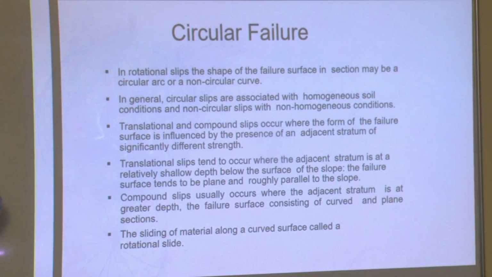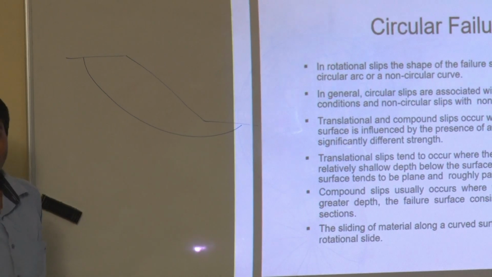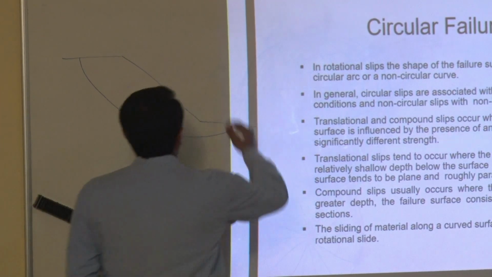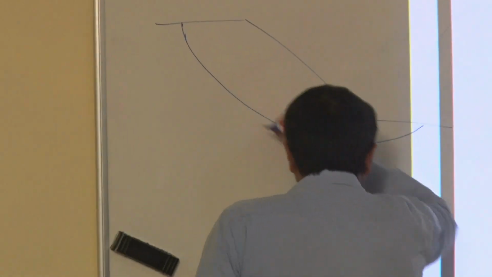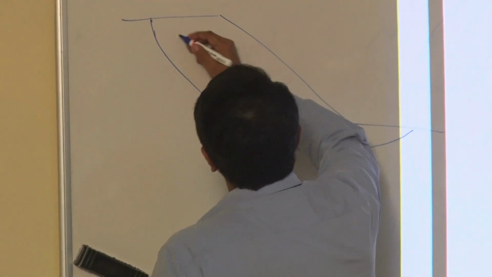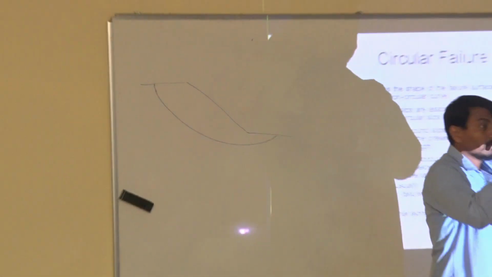Approach is, suppose this is a slope, approach is like this. So this is a plane of failure. We assume that okay, it is a failure, it is a movement, shear movement. So there will be some center of movement.